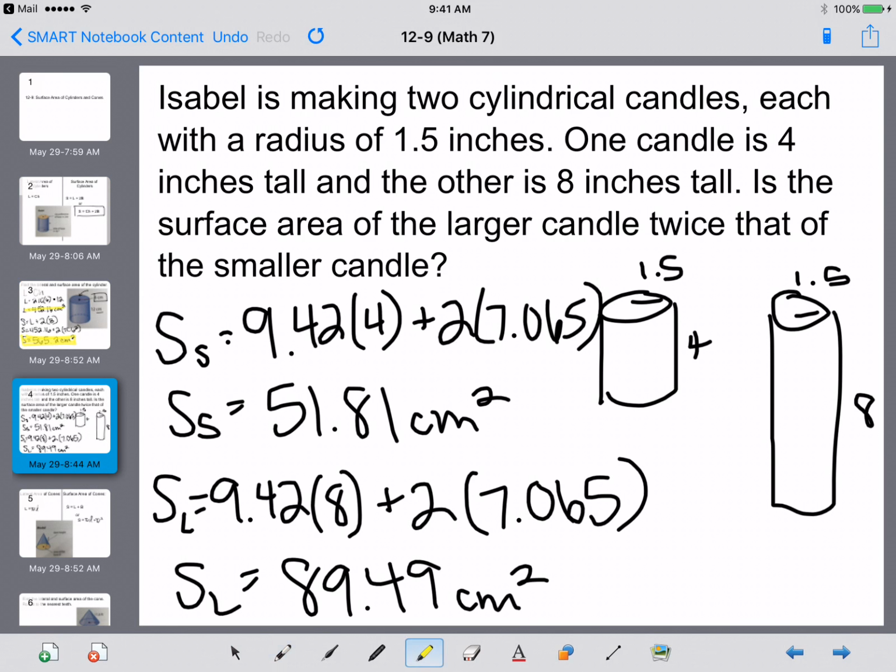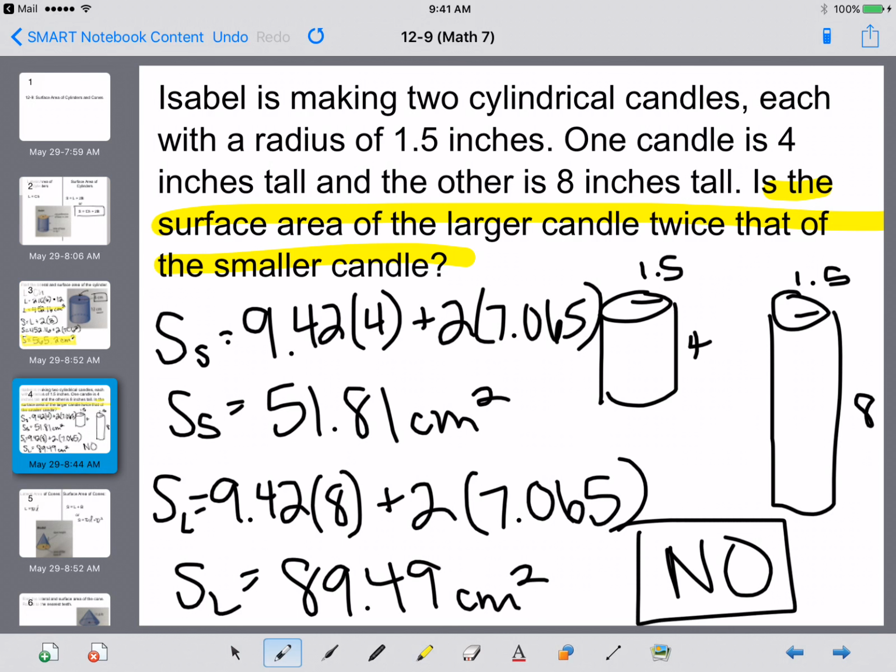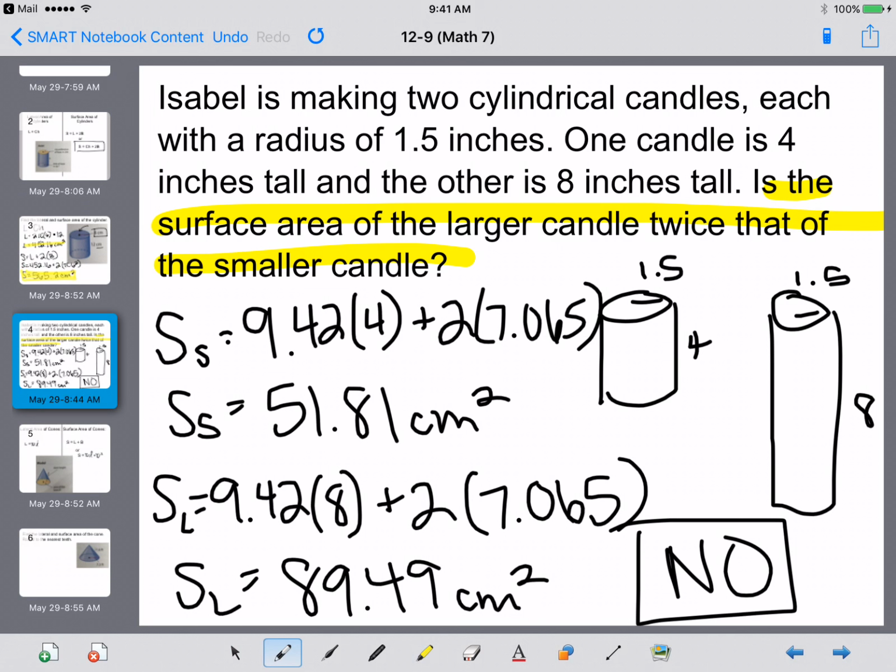The question we were supposed to answer is: is the surface area of the larger candle twice that of the smaller? Well, I know right away that if it was going to be twice the size, it would have to be over 100, because 50 times 2 is 100, and we have 51 there. So in this case, no. Just because it's twice the height does not mean that it's twice the surface area.